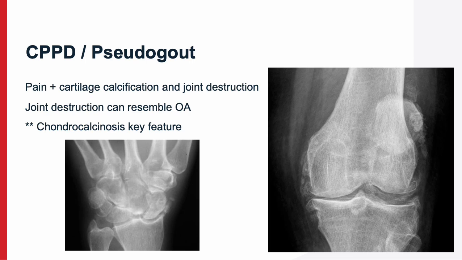The key factor is that you can get chondrocalcinosis, so that's calcification of the cartilage. You can see here on the x-ray extensive calcification involving the articular cartilage, here in the region of the TFCC and radiocarpal joint.